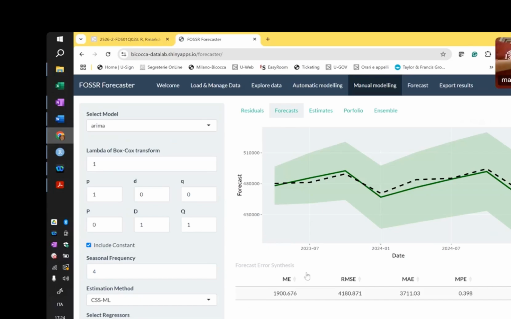Why maybe not? Well, you get the error on the top, and you get the real value on the bottom. So it's a fraction, right? Suppose you have a time series which is growing. It means that you are down-weighting a lot the largest values, because they are in the denominator of the fraction.